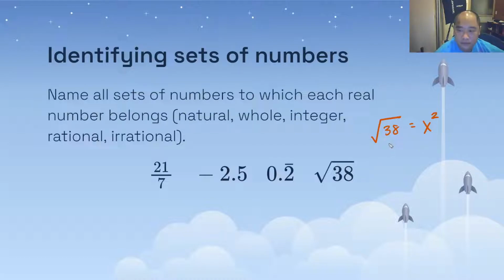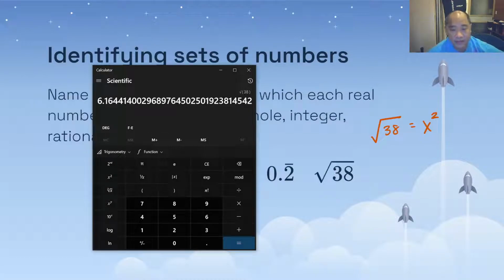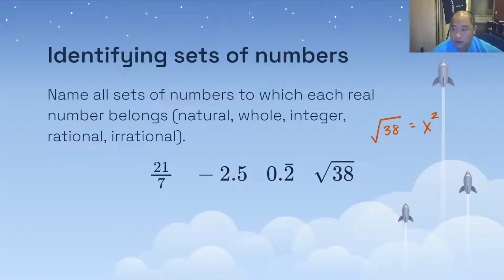And so the easiest way to do this would just be to put this into the calculator and see if it has a repeating digit. And I don't believe it does. So calculator, the square root of 38. And look at that. It does not look like it does, right? And in fact, the square root of many numbers is irrational. And so yeah, this is an irrational number.